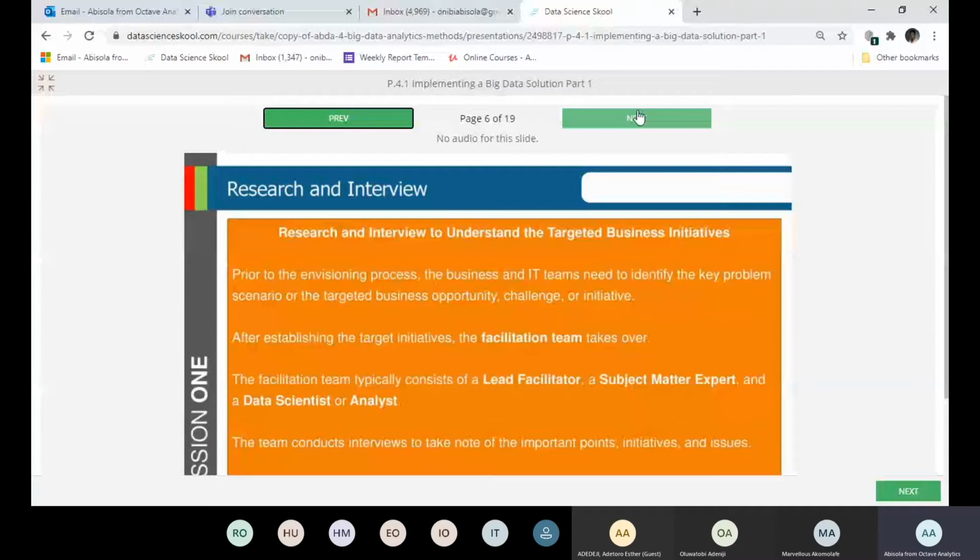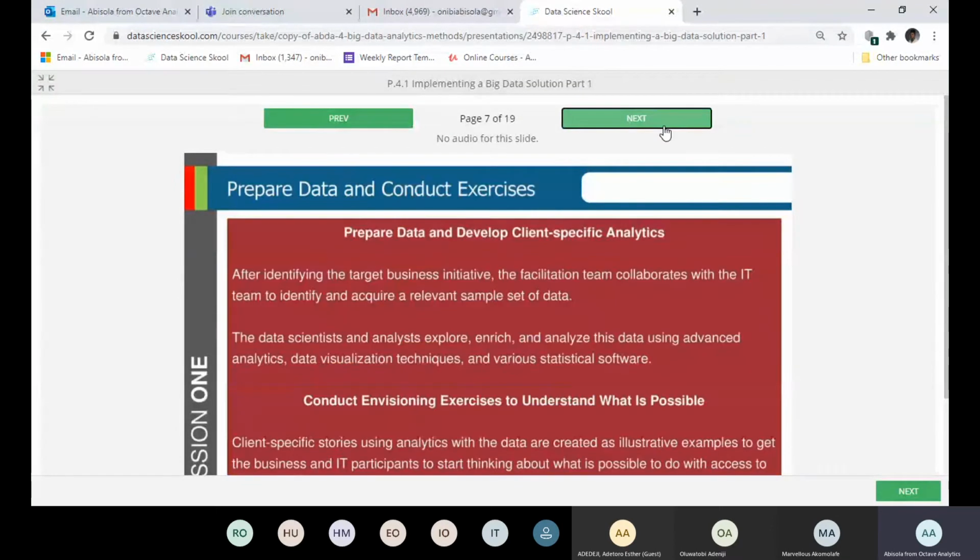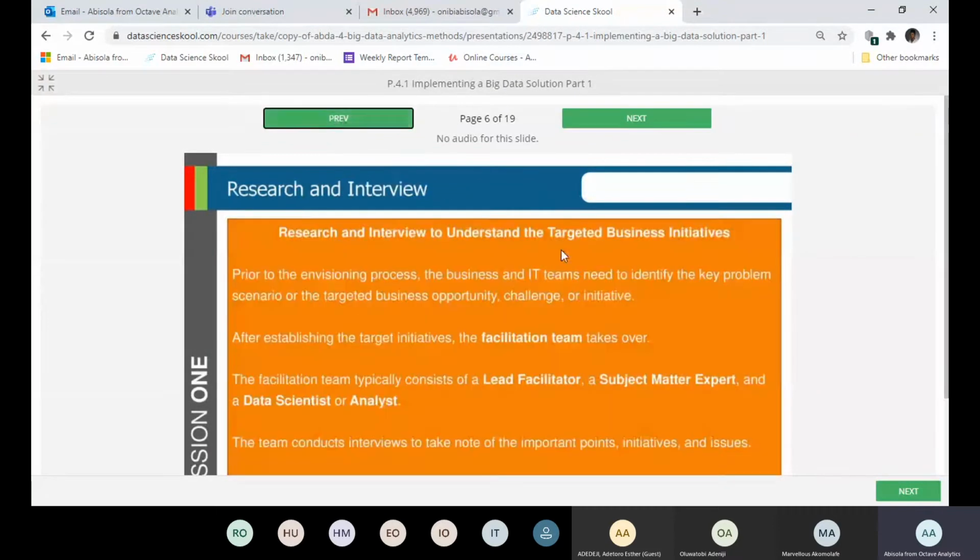Another thing they check is they try to review the organization's previous experience in addressing this initiative. So maybe previously the organization has actually taken steps to bring a solution to the table for this particular problem, but then the steps they took did not work out.